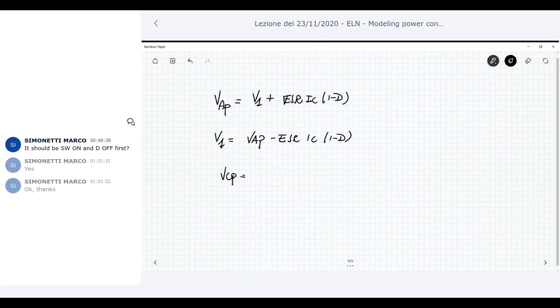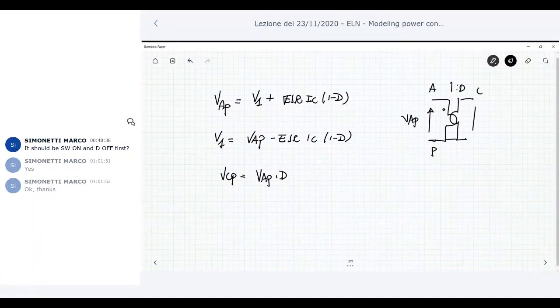According to our DC model, VCP is VAP multiplied by D. Remember that we have this model here in DC, with A, B, C, VAP, and VCP.